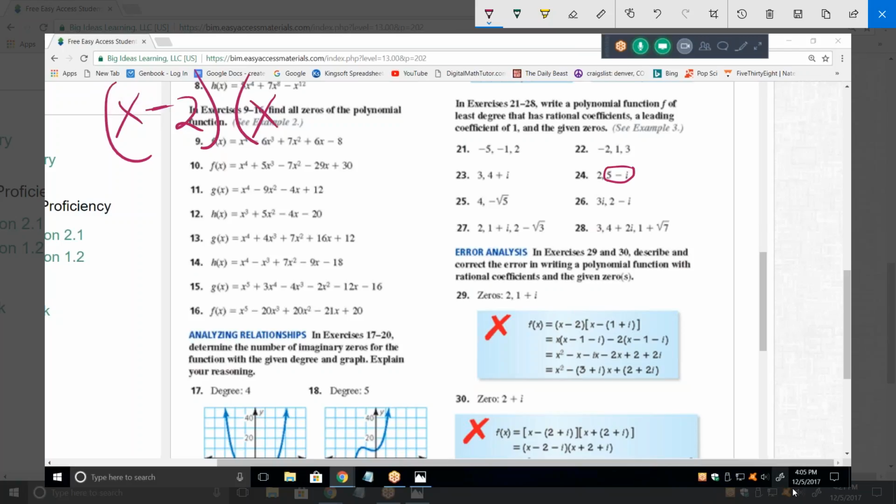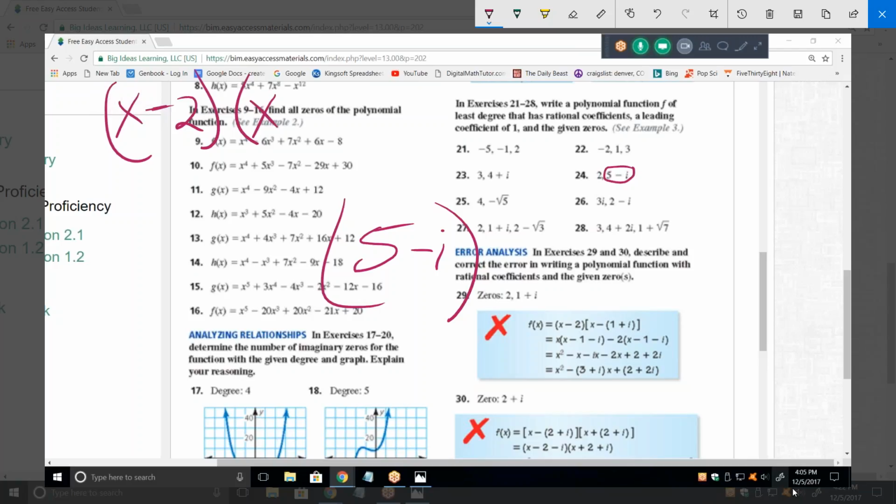So x minus 5 minus i. If 5 minus i is a factor, what's the other factor? What's the other imaginary factor? Imaginary factors always come in pairs. Right. x minus 5 plus i.